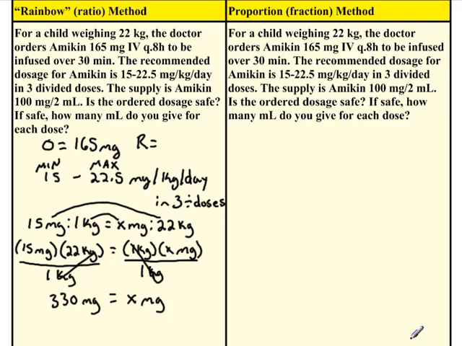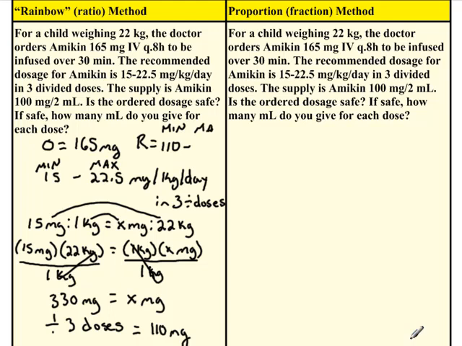Therefore, we're going to take the minimum dose of 330 milligrams and divide it by 3 doses. And in doing so, we're going to see our minimum amount to give is 110 milligrams. That means on our recommended dosage, we're allowed to give a minimum of 110 milligrams.